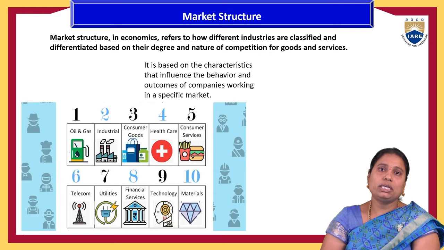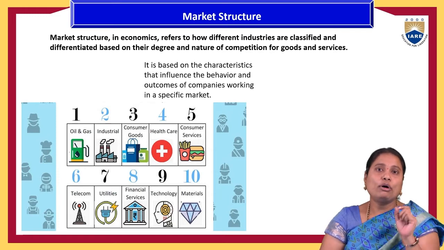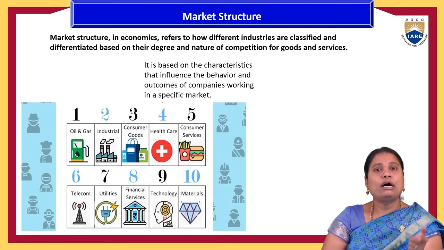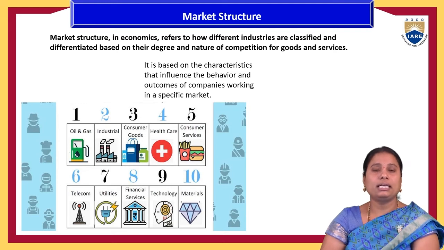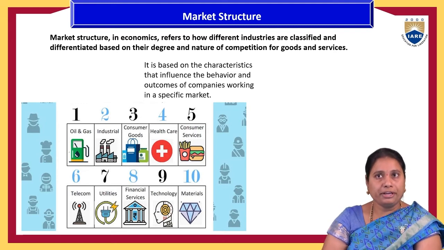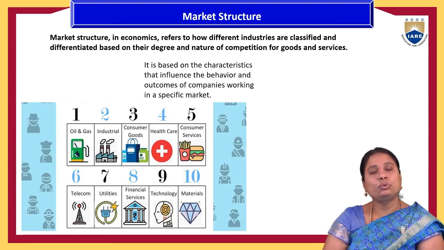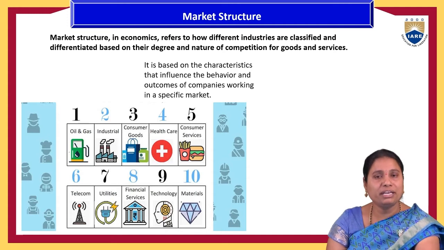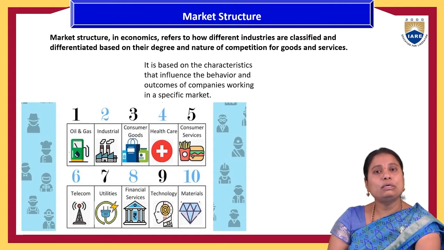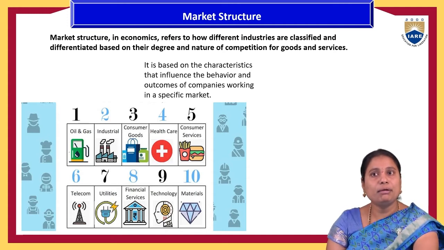For each industry or each firm, how many sellers are there, how many customers rely on that particular product, what are the satisfaction levels of these customers, and how to meet them to get maximum economic benefits, these related concepts are called market structure.